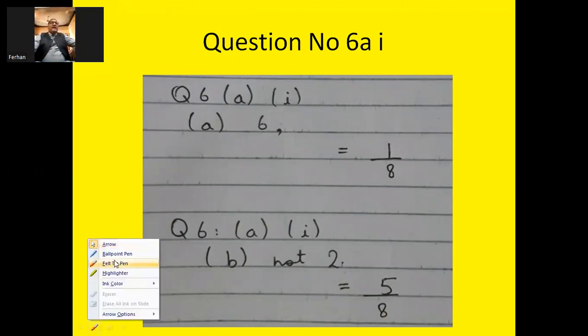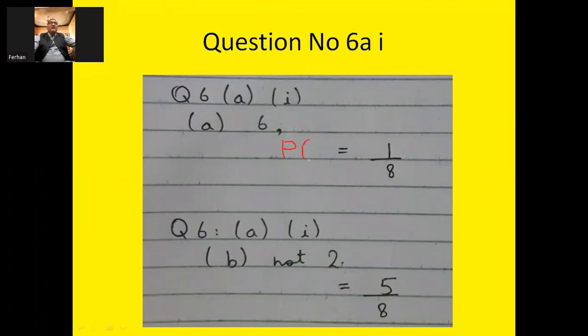You should write it like this. Probability of 6 is 1 by 8. Okay. Probability of not 2 will be this.